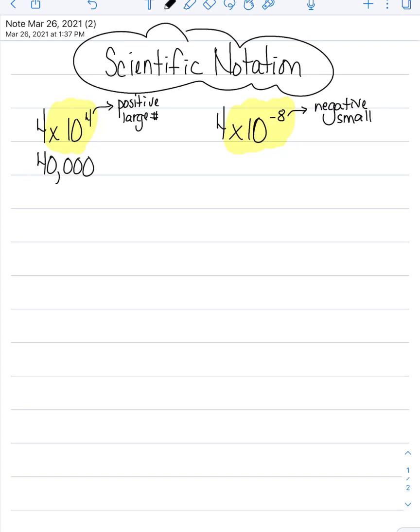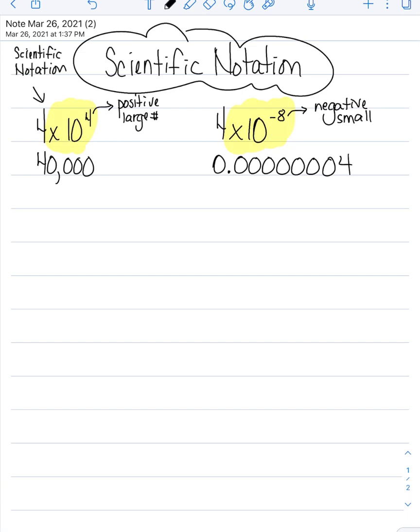But if you look at the second number, 4 times 10 to the negative 8 power, this number right here is like maybe the size of an atom. That's something really small. And by the way, the numbers on top, 4 times 10 to the fourth and 4 times 10 to the negative 8, are in what's called scientific notation, which of course is the name of the lesson.